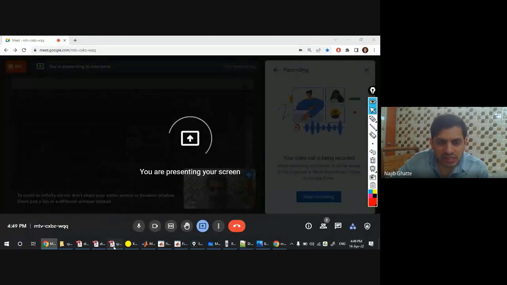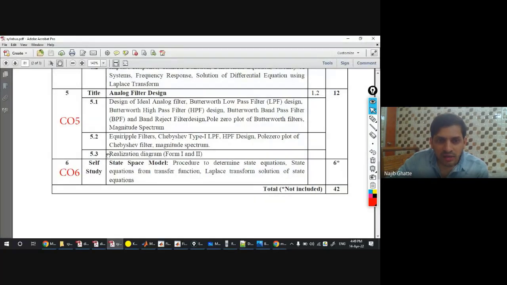Now before we start, I'll share the screen so that you get more understanding for your perusal, like how these things have to be done in a better way. If you look in the syllabus, 5.3 realization diagram, wherein we have form 1 and form 2.